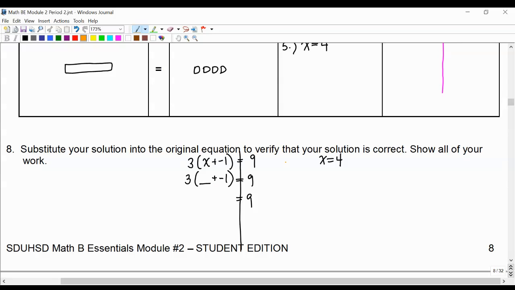So in place of x, I'm going to put a 4. All right, next step is 3 parentheses 4 plus -1 is 3. I'm not doing distributive there. And 3 times 3 is 9. That's what we're after. 2 equal numbers, but our answer is still x equals 4. All right, and that was our verify.